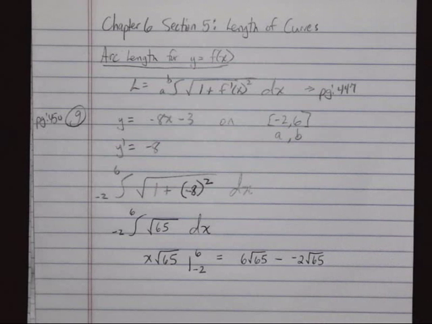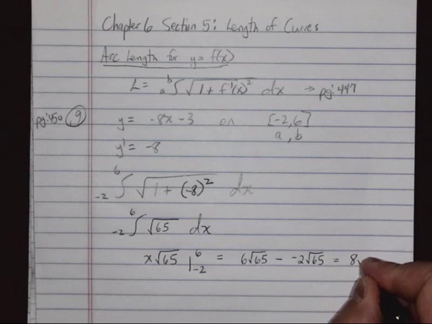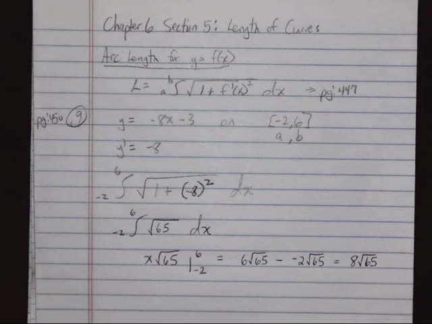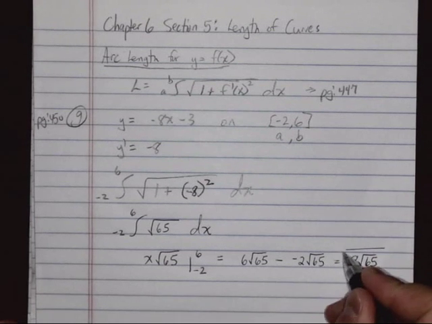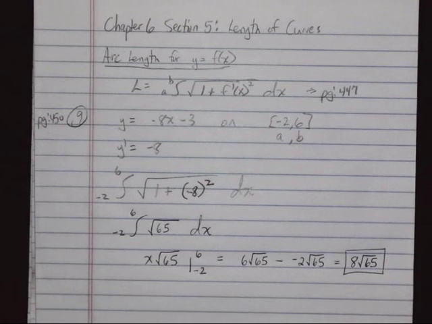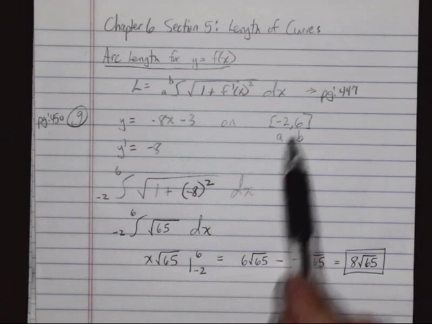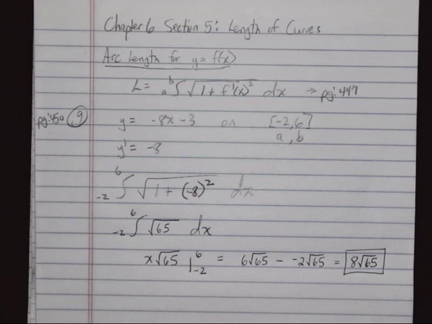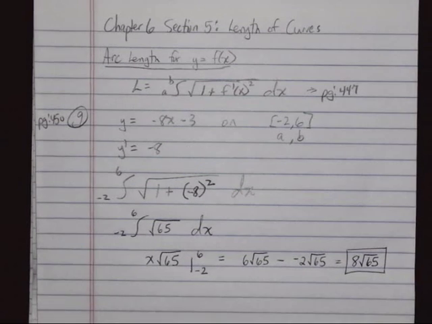Of course, those double negatives are going to turn to positives, and then we end up getting 8 times the square root of 65. So that would be the distance on this function from -2 to 6. All right. So that's an easy example to start out with.